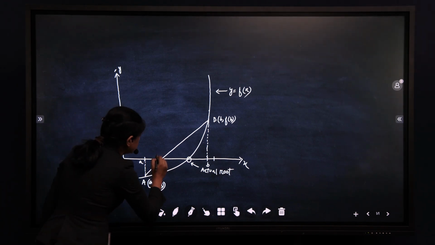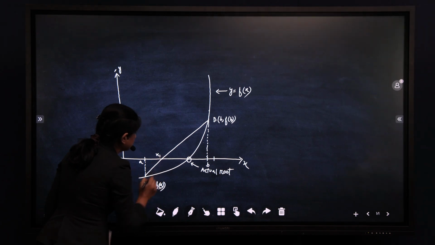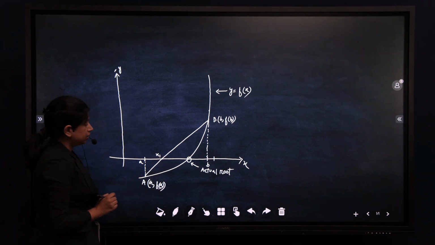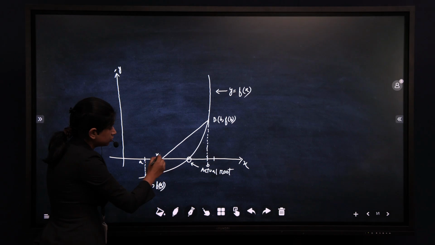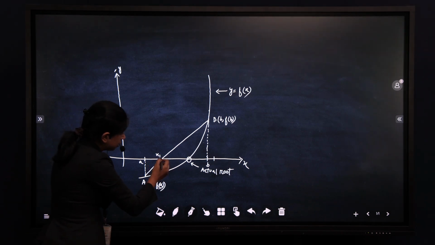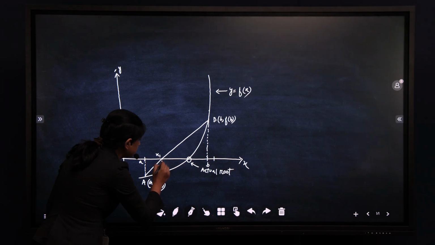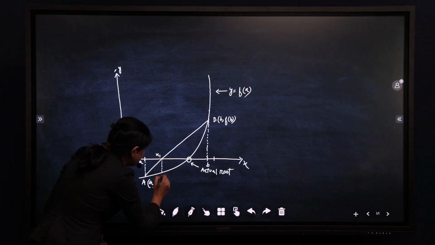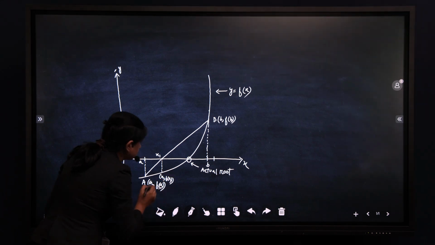Let us denote it by x1. What will be the function value at x1? The function value at x1 will be this one. This is (x1, f(x1)).